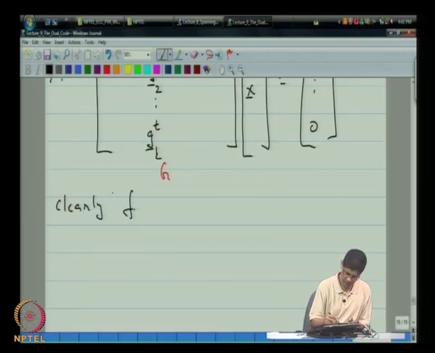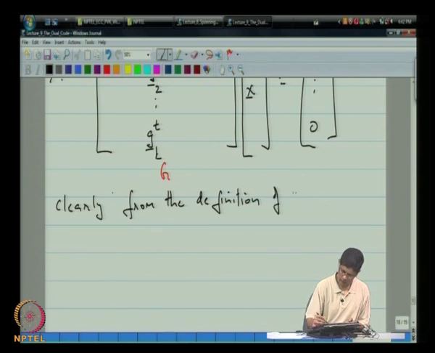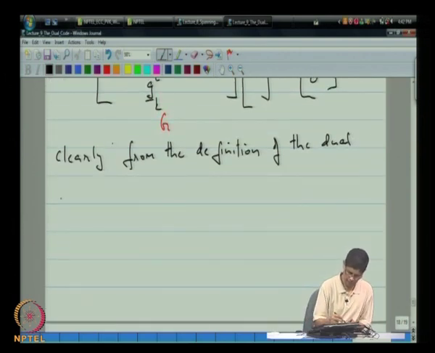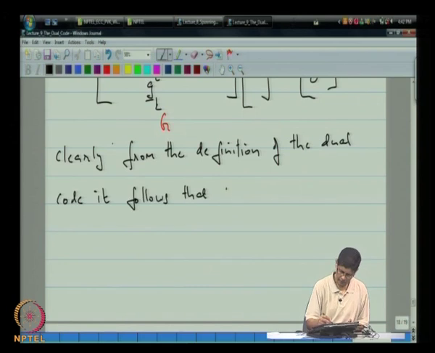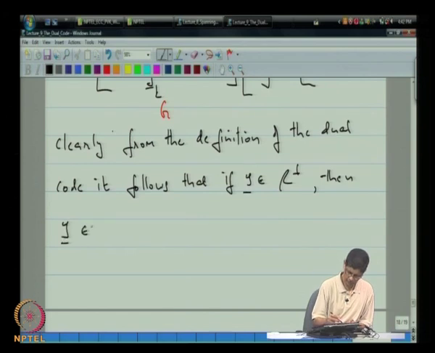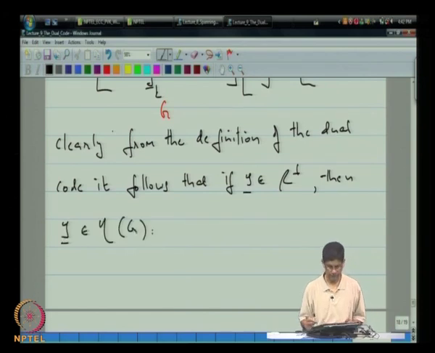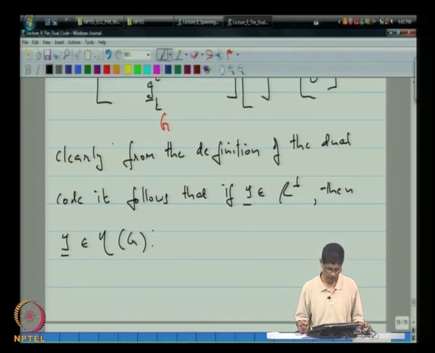Clearly from the definition of the dual code, it follows that if y belongs to the dual code, then y belongs to the null space of G. So, that much is clear.